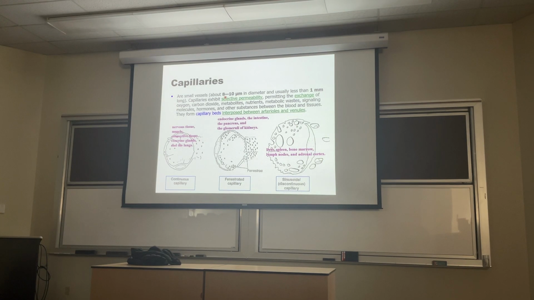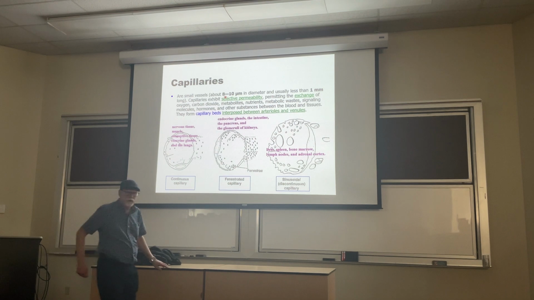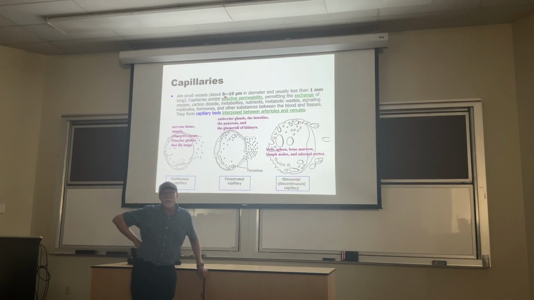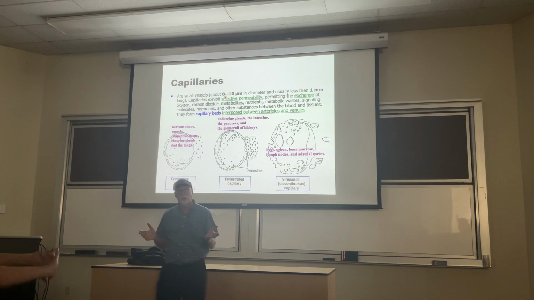Because the red blood cells, do you happen to remember the typical diameter of a red blood cell? This is about 7, 7.5, so pretty close to that. That means they have to queue up through the capillaries single file. And sometimes they even have to squeeze through. So that shows you how small the capillaries are.